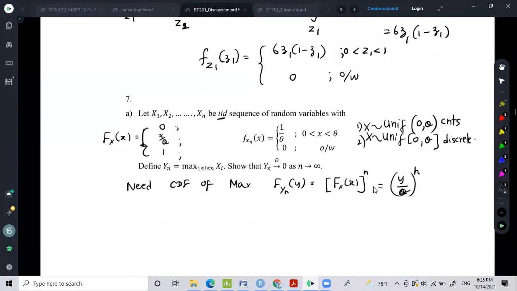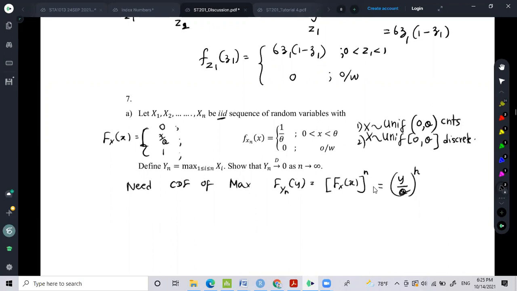The derivation of this was in a previous part of the same question, so I didn't include it here. You can say from the answer to part A, the CDF of the max is this, and proceed with the next step. You don't have to derive it again. If it is done in a previous part, just refer to part A and proceed.